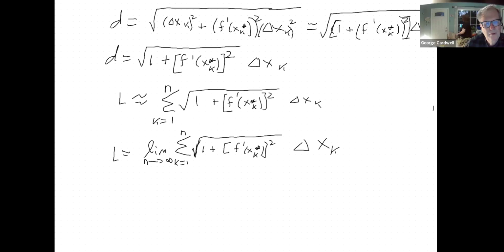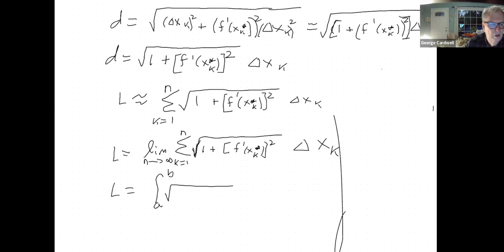But remember, the limit of a Riemann sum turns the formula into a definite integral, right? So that means L is now going to be the integral from a to b of the square root of 1 plus f prime x, right? Remember, wherever you see an xk star, you change it to x.